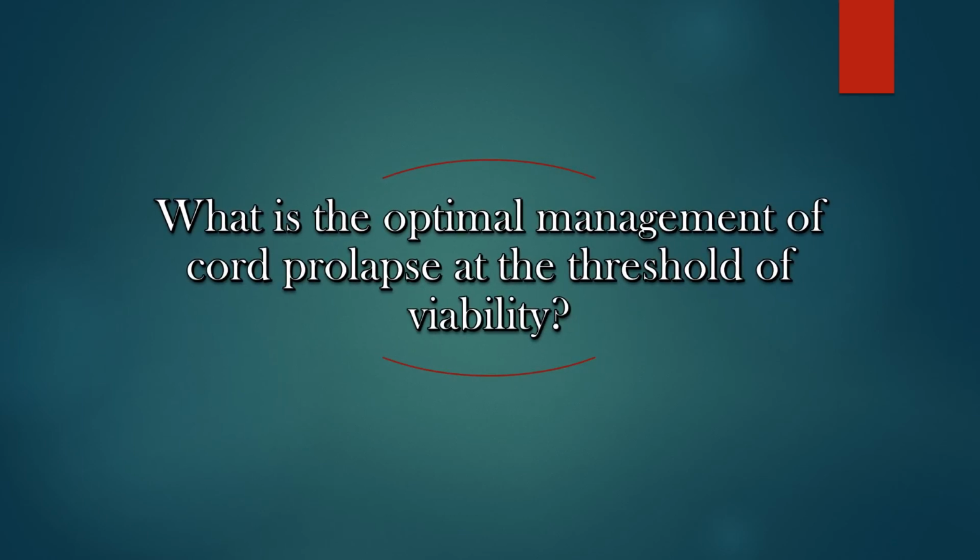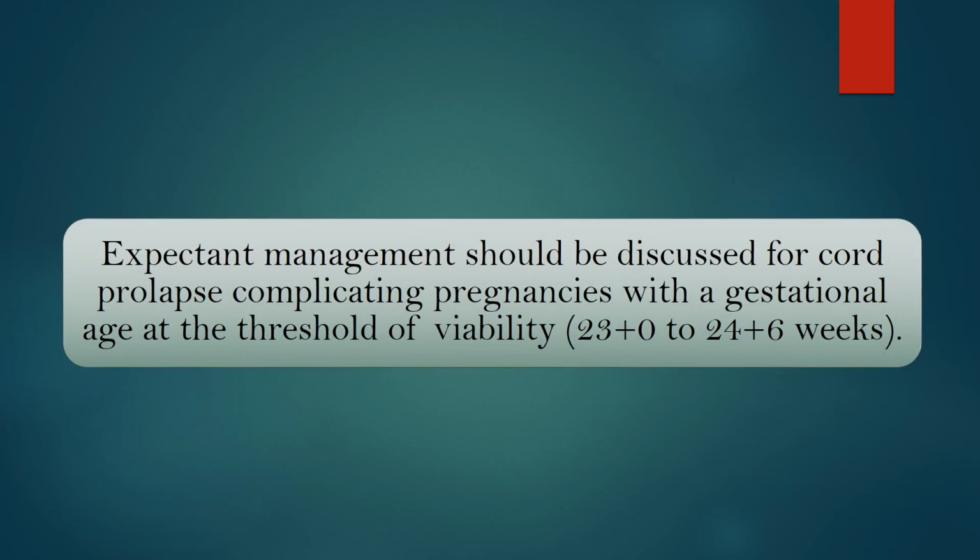What is the optimal management of cord prolapse at the threshold of viability? Expectant management should be discussed for cord prolapse complicating pregnancies with a gestational age at the threshold of viability of 23 plus 0 to 24 plus 6 weeks.